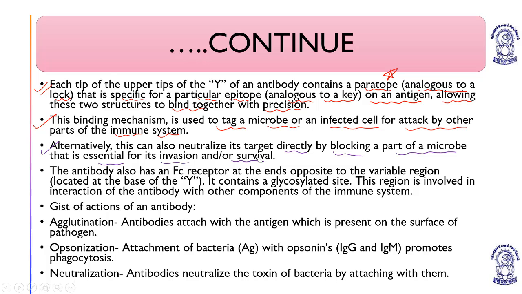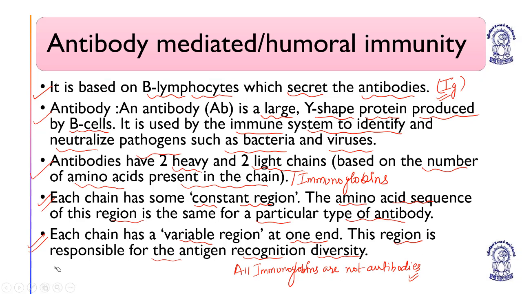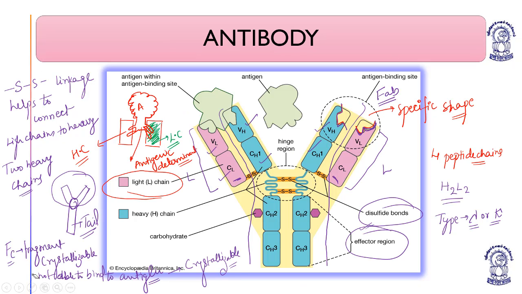The antibody has an Fc receptor, that is fragment crystallizable, at the ends opposite to the variable regions. Remember that, it is located at the base of the Y. That is why I have written here, crystallizable, base of Y.